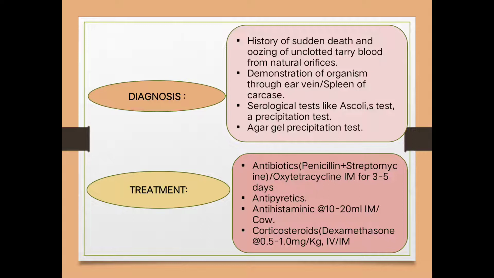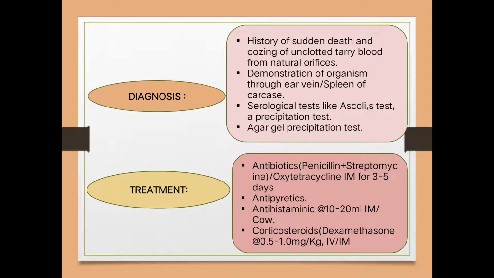And when it comes to the diagnosis, based on history, whenever we notice the sudden death of the animal, we may consider it as anthrax, and it is one of the options to suspect anthrax. And for lab demonstration of the organisms, the sample will be collected from a piece of spleen or the ear vein.